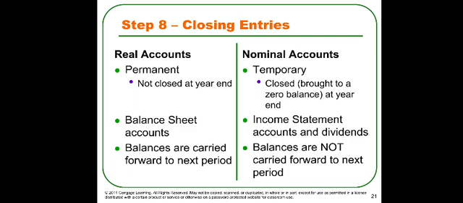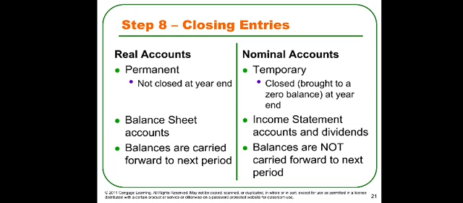The real accounts are accounts that appear in the balance sheet. The accounts that appear in the balance sheet are asset accounts, liability accounts, and the capital and retained earnings.